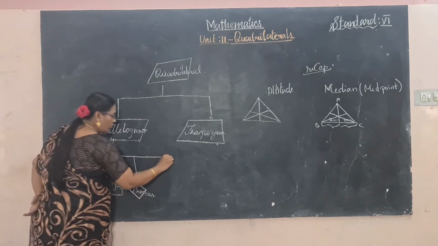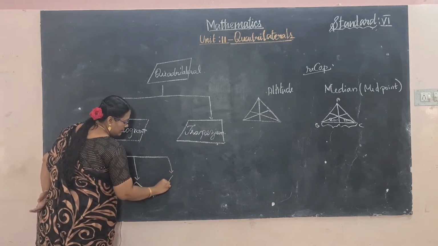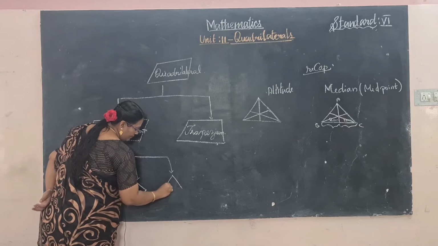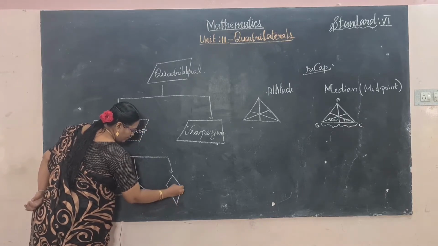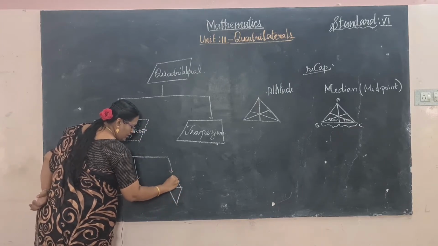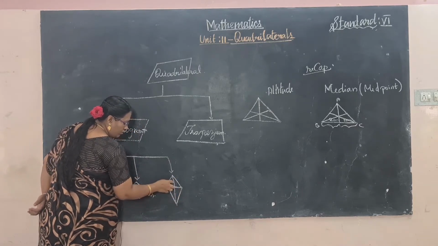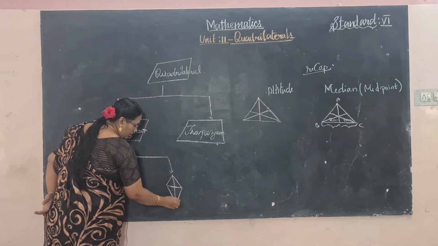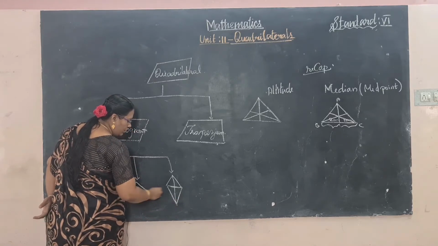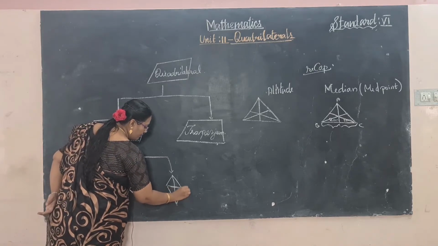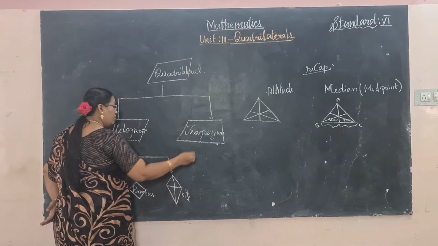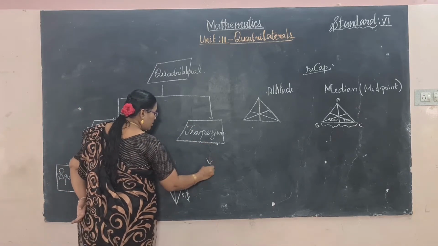And the fourth one, kite. It also has four sides and two diagonals. One of the diagonals is larger than the other one. That is the kite.